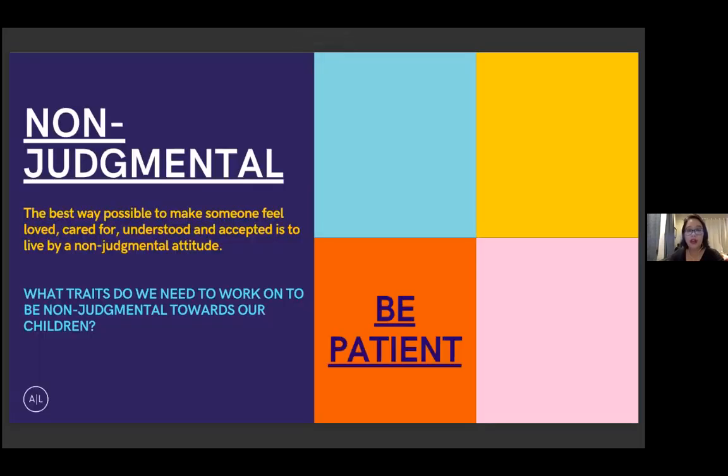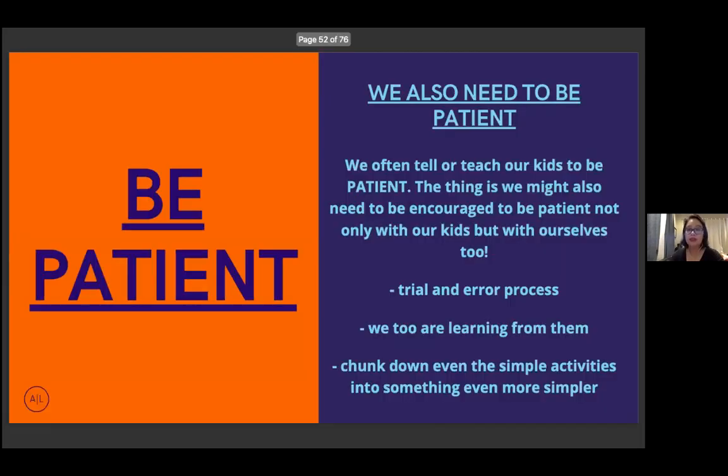Okay, third is be patient. We also need to be patient. I often tell or teach our kids to be patient. The thing is, we might also need to be encouraged to be patient, not only with our kids, but with ourselves too. A lot of adults while I was growing up kept telling me, you need to be patient with life.